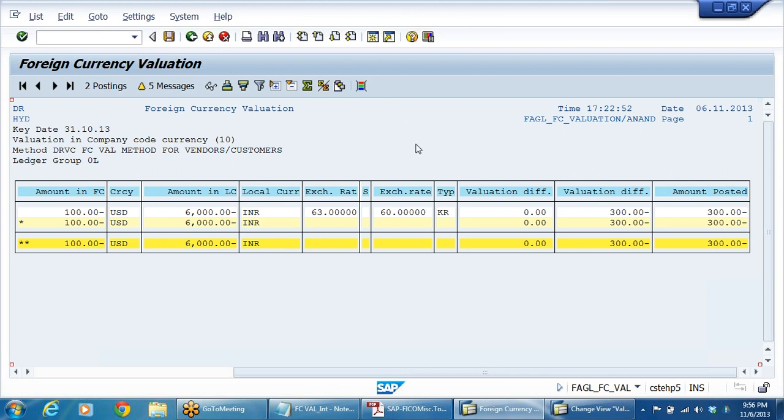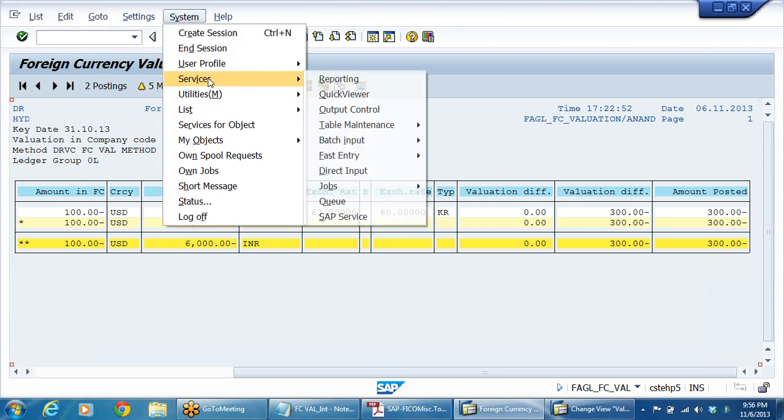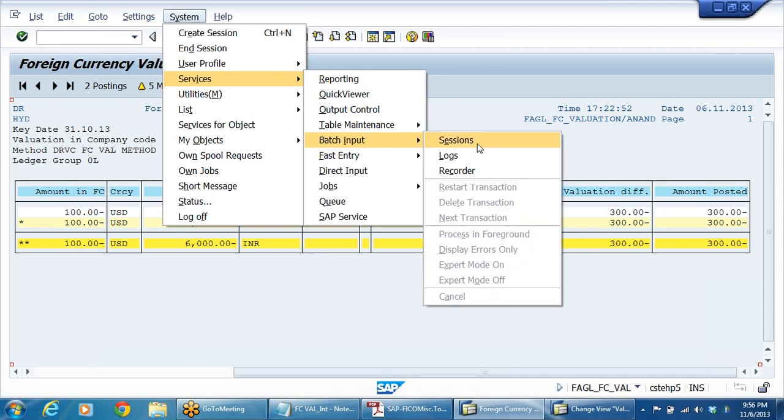So in order to execute the batch input session: System, Services, Batch Input Sessions. This we have done in the case of recurring data entry. Batch input session we have executed. It will take us to the T-code SM35.